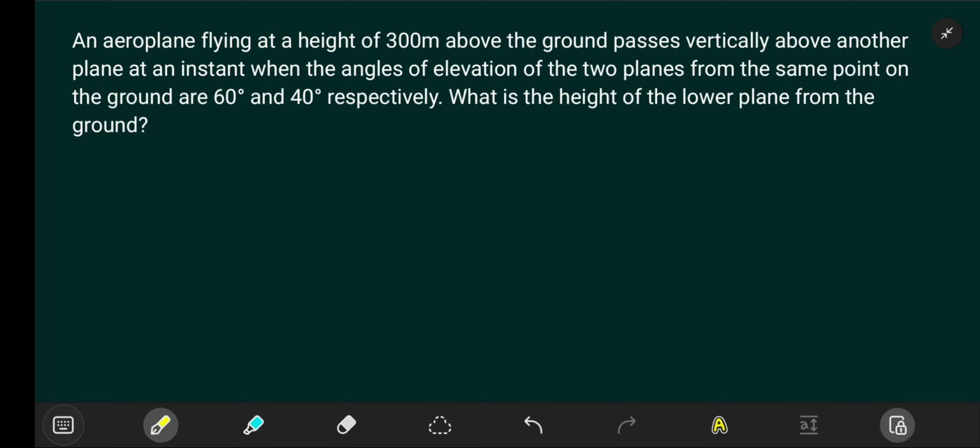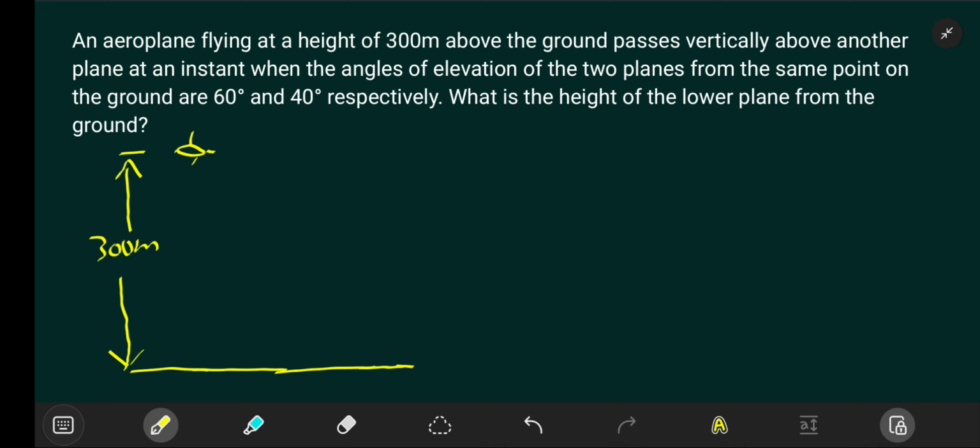They are saying there are two planes. The first plane is flying at a height of 300 meters above the ground, suppose this is the ground.